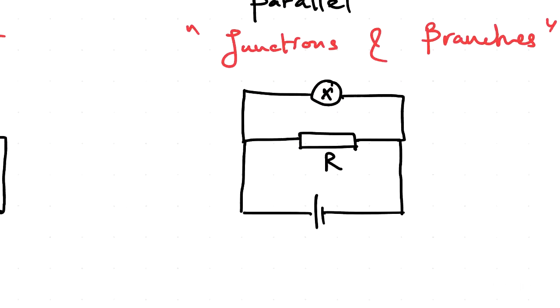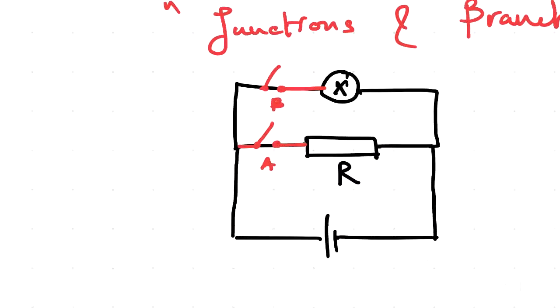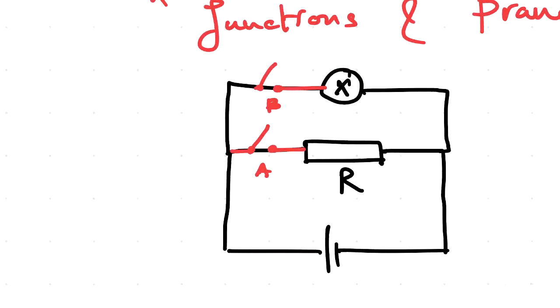And here, just imagine I am using switch A and switch B, and another switch here, which is switch C. If all the switches A, B, C are switched on, which means they are closed, the path is completed.